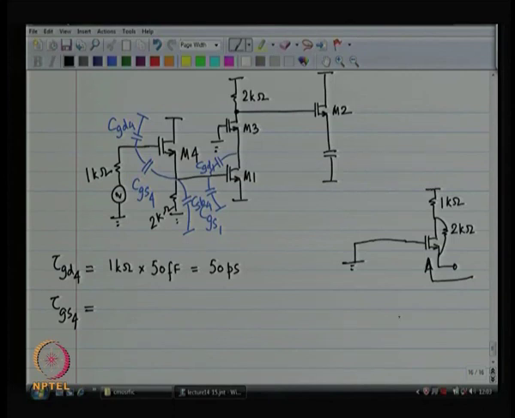So you are basically going to see 2K parallel with (2K plus 1K) divided by (1 plus GM plus GMB, that's 11 millisiemens times 1K). Right, and the result is basically going to be 2K divided by 12, that's about 166 ohms.